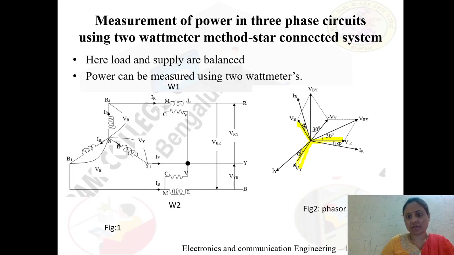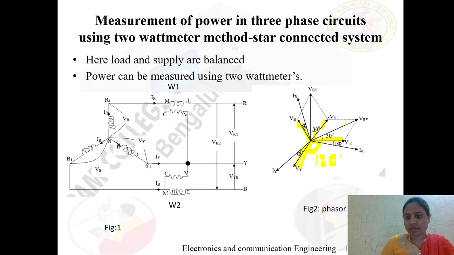From here to here, the phase shift is 120 degrees. We can extend this towards the other side in order to complete the phasor diagram. That is VY, and on the other side we have extended it and it becomes minus VY.